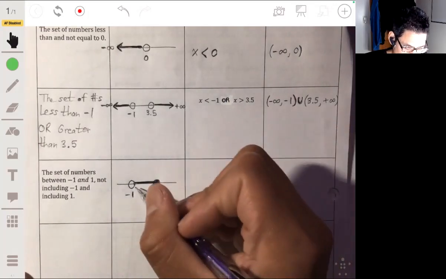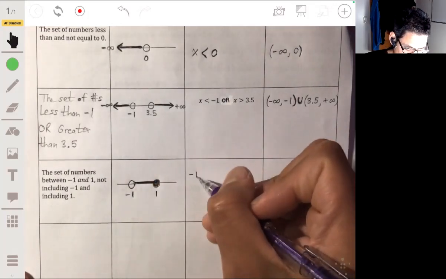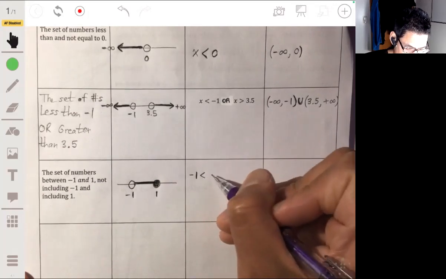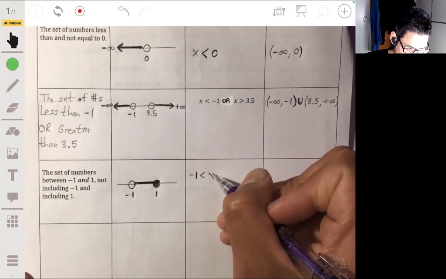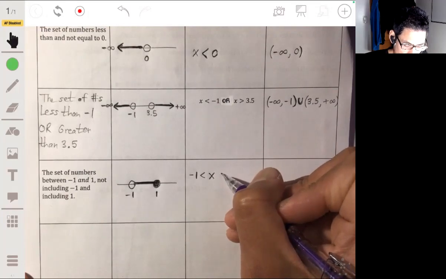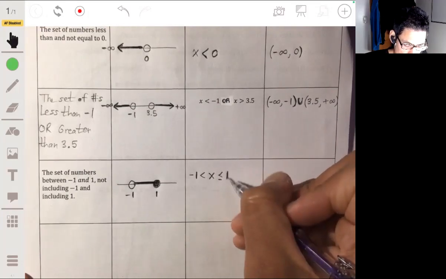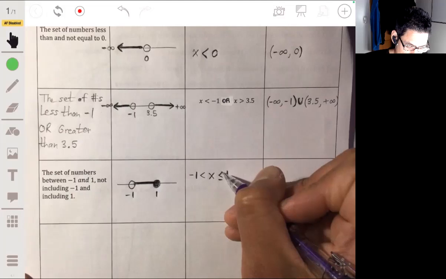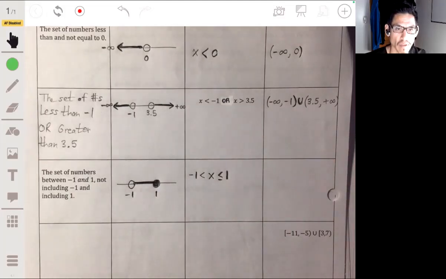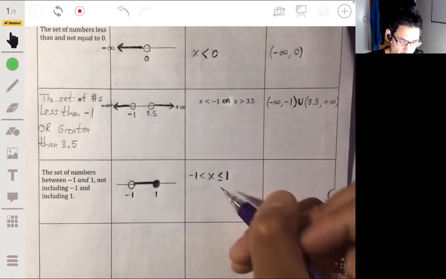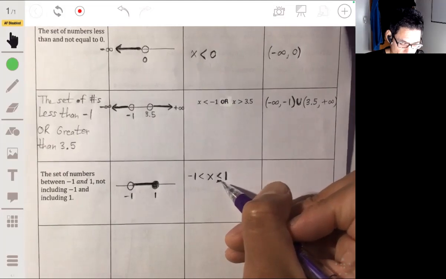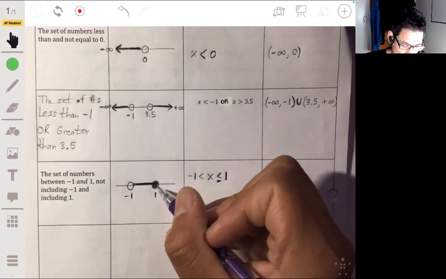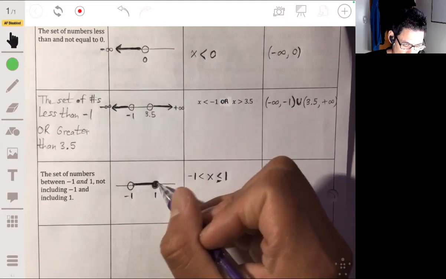Inequality notation, we would have -1 is less than x, and x is less than or equal to 1. Because again, we're saying less than or equal to 1 because we're including 1 with the closed circle we can see here.